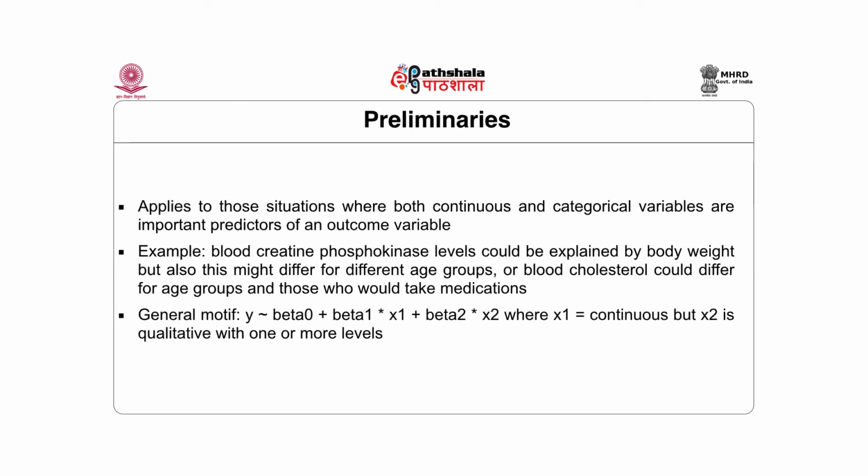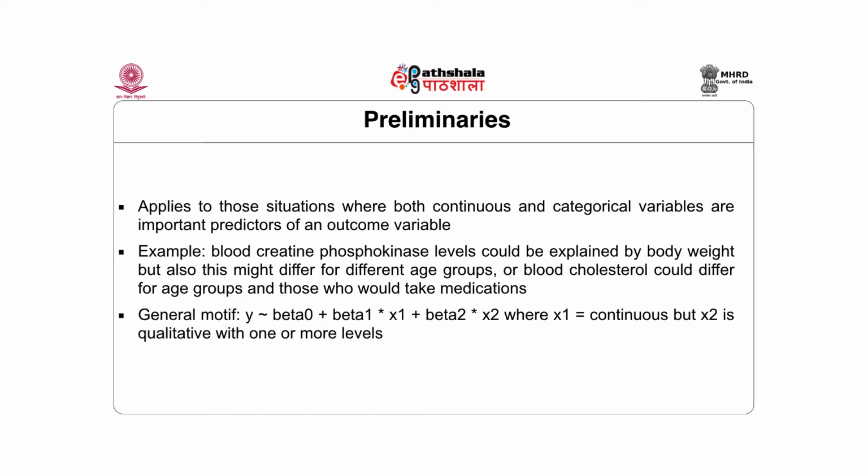So the preliminaries, for example, are that we're going to apply whatever we learn here to those situations where both continuous and categorical variables are important predictors of an outcome variable. As I explained, if you have length of stay as a variable and you've got two different explanatory variables, one being, say, gender, the other being, say, a dosage of a certain medication, then that would be an example of this.